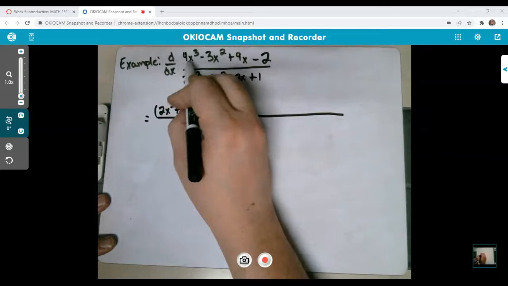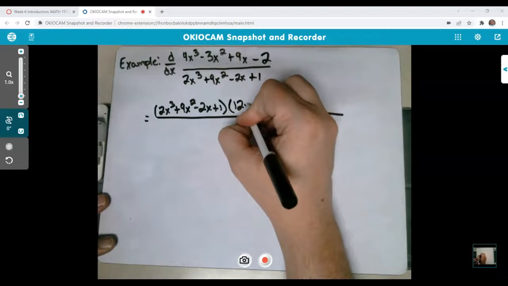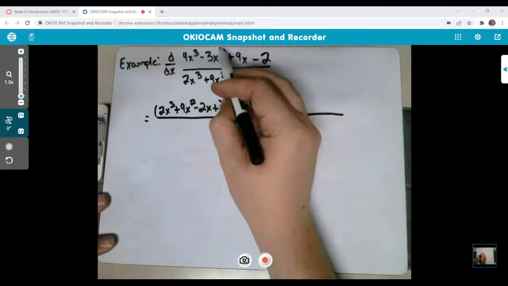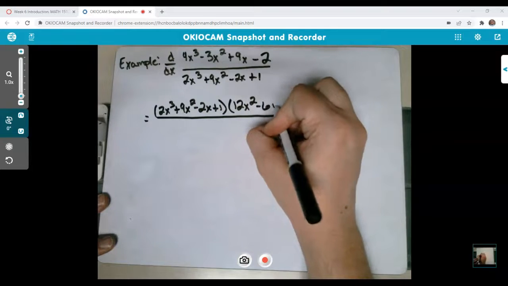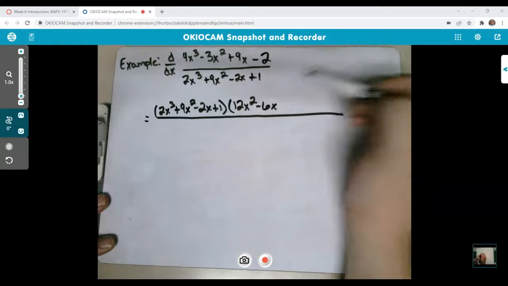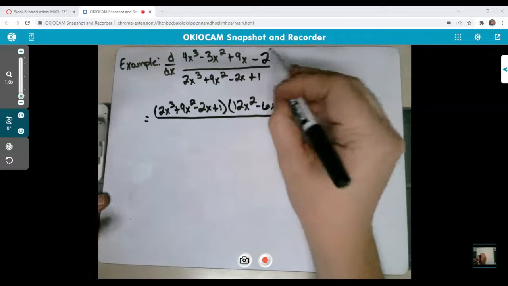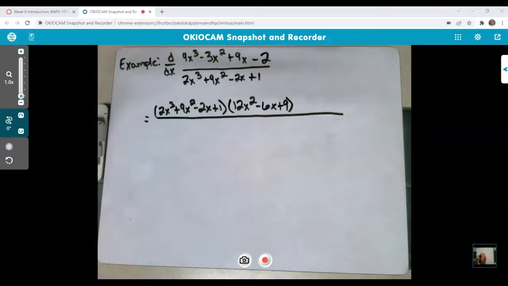For 4x to the third, we bring our 3 down. 3 times 4 is 12. And now that's x squared, because I do 3 minus 1. Bring down my 2. 2 times the negative 3 is negative 6. And that's just an x, because 2 minus 1 is 1. Derivative of 9x is just 9. Derivative of negative 2 is 0.